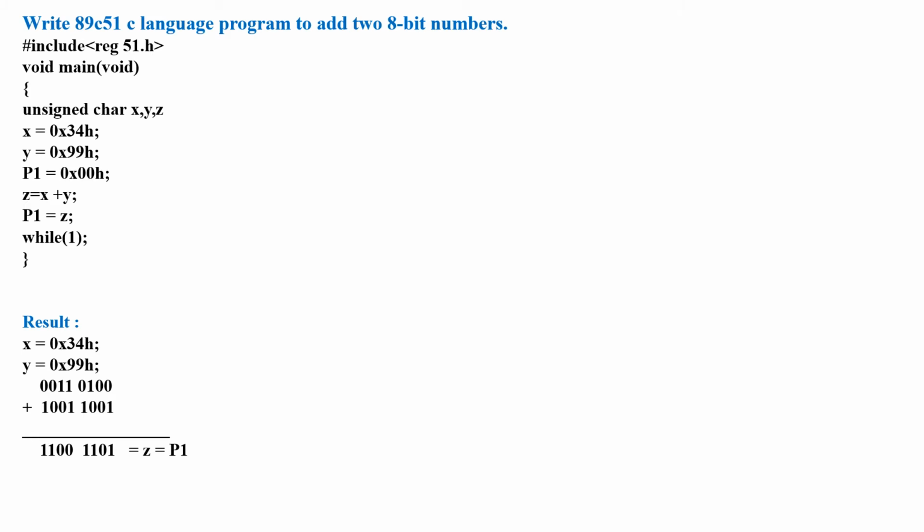So this value is 8 plus 4, 12, and 8 plus 4 plus 1, that is 13. So the CDH value is assigned to Z, and finally it will be displayed to port P1.